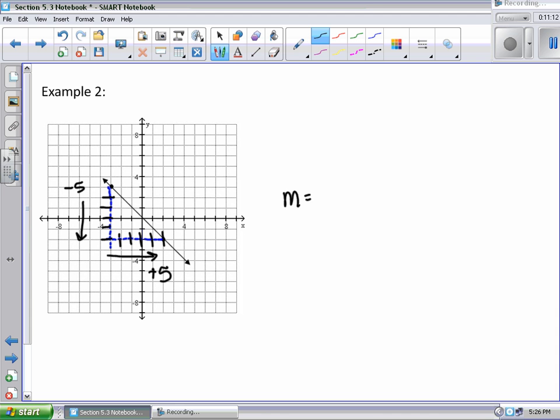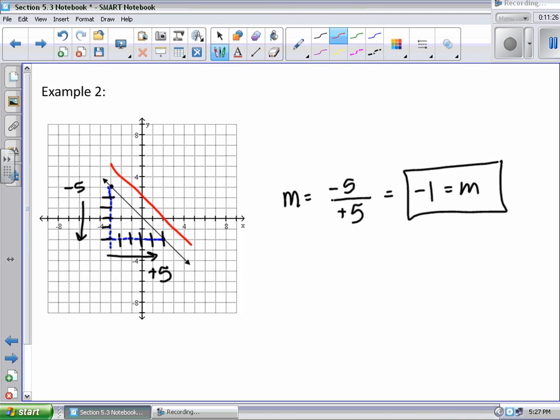So my slope, my rise is -5, my run is +5. If I reduce, I get -1 for my slope. So this line has a slope of -1, and if we do notice, it is going down as we move from left to right, so that matches up with what we've talked about earlier.